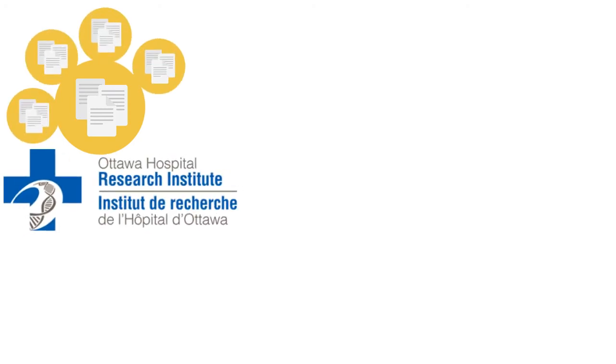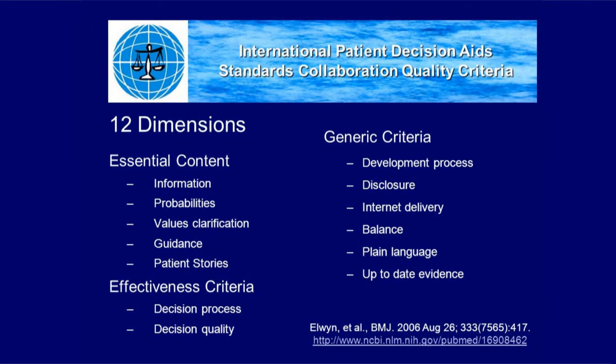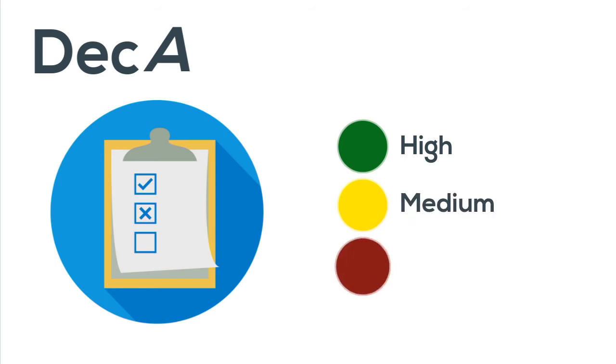All the decision aids in the Ottawa Hospital Research Institute are scored against the 12 International Patient Decision Aid Standards criteria. These criteria were developed to assess PDAs on content, development, implementation, and evaluation. Based on the number of criteria that are fulfilled, DECA displays a score of high, medium, or low.